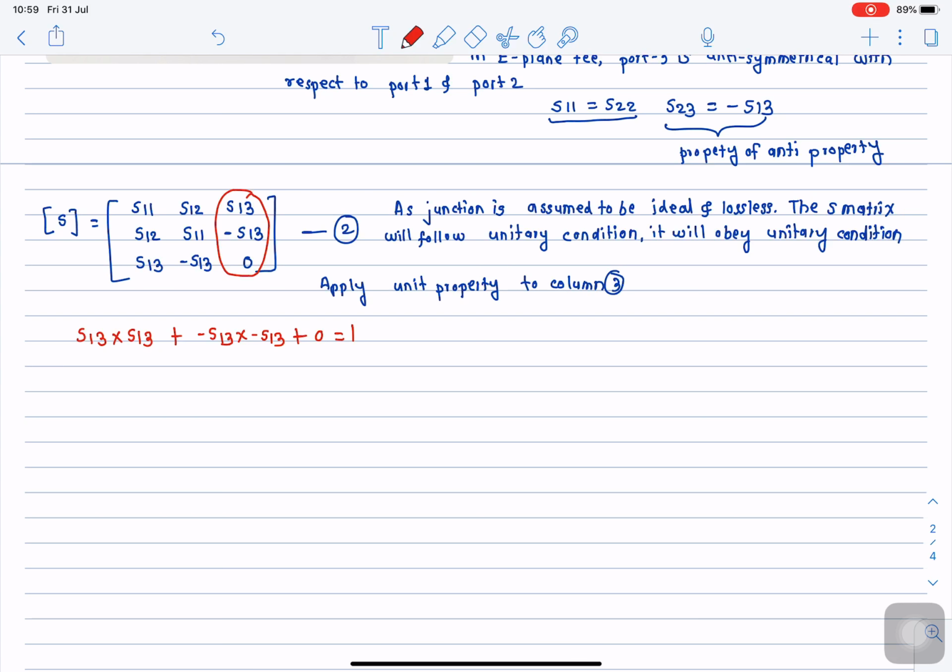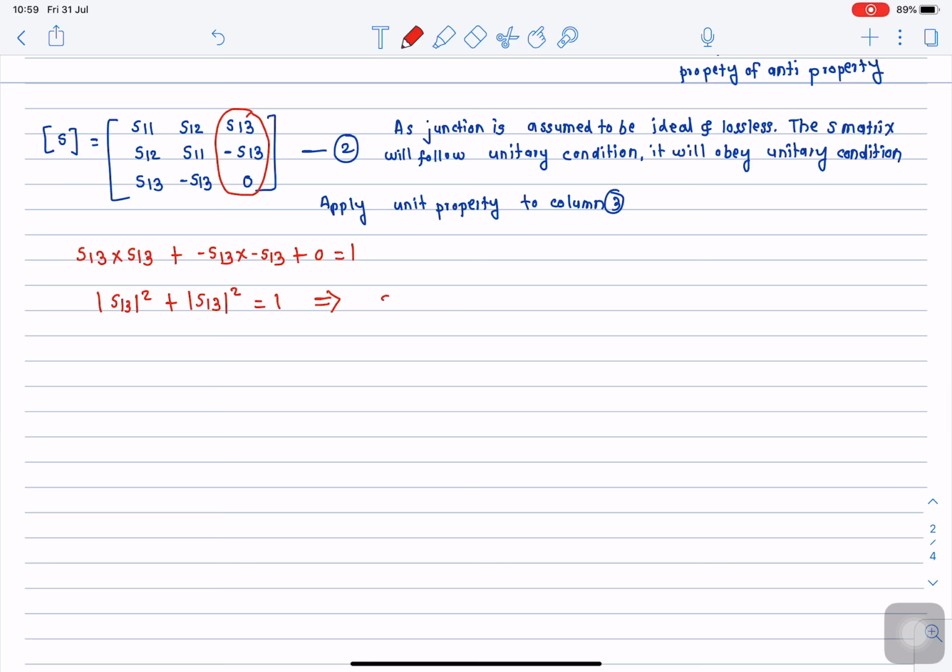So how can you write this equation? You can write this equation as mod S13 squared plus mod S13 squared is equal to 1. So if you simplify this particular equation, what value will we get? S13 we will get is equal to 1 by root 2.